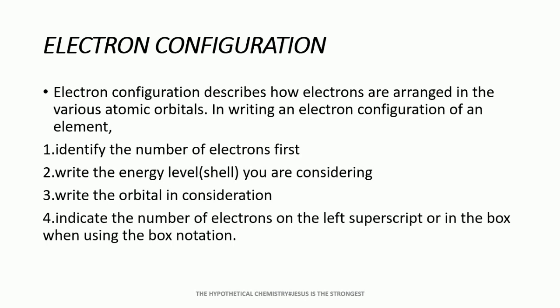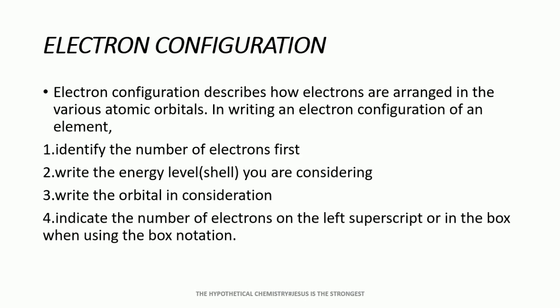If the species is an ion, being a cation or an anion, the electrons present will not be the same as the neutral atom of that same species. So always there is a need for you to consider the number of electrons first.